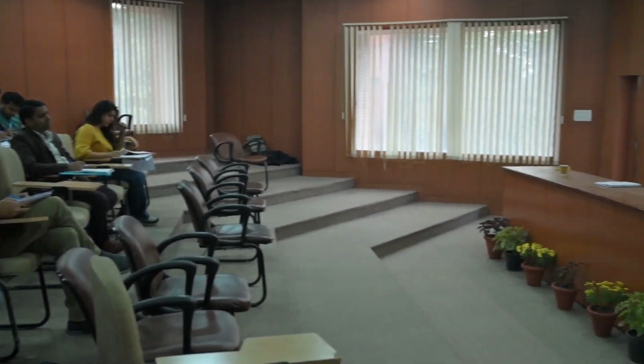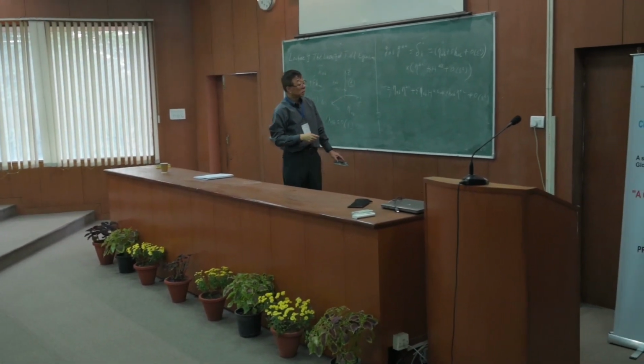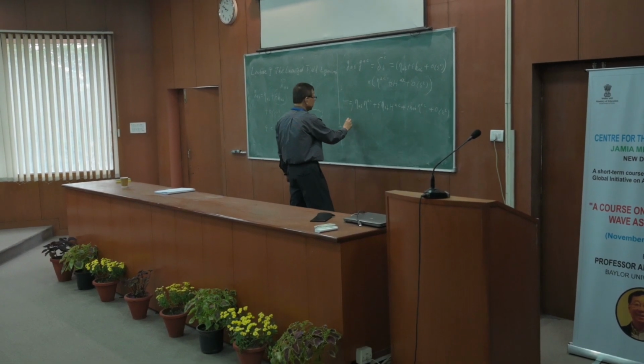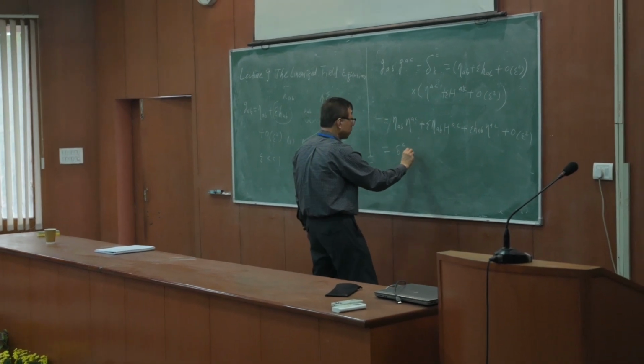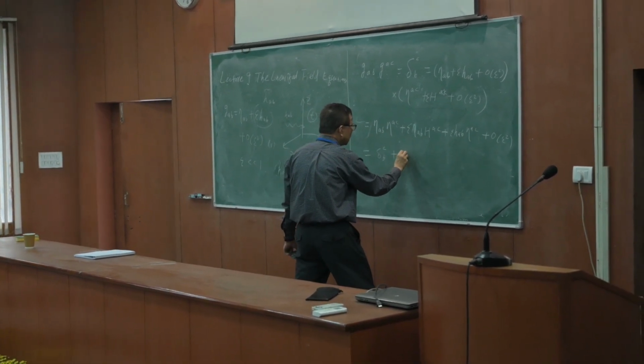This one multiplies this is third order, high order, which I put here. So this will equal my delta_CB plus epsilon.